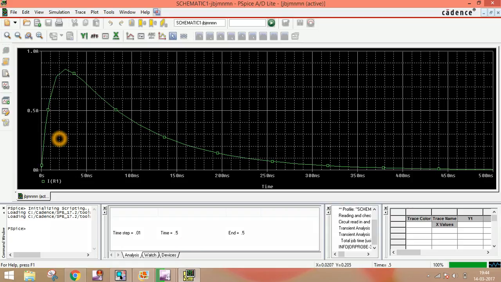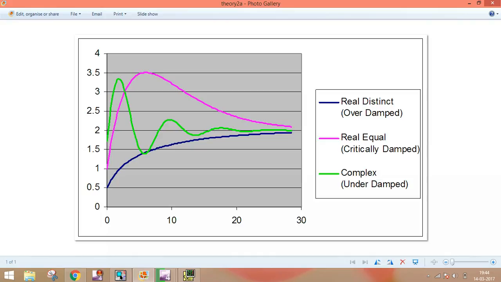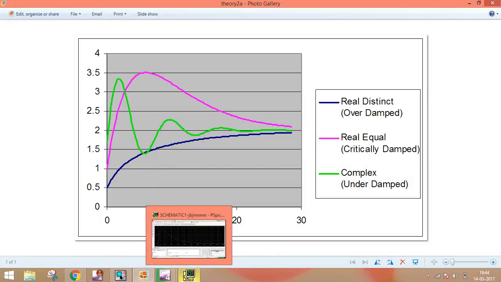Now you can see we get a curve, and from here you can see that this is overdamped.